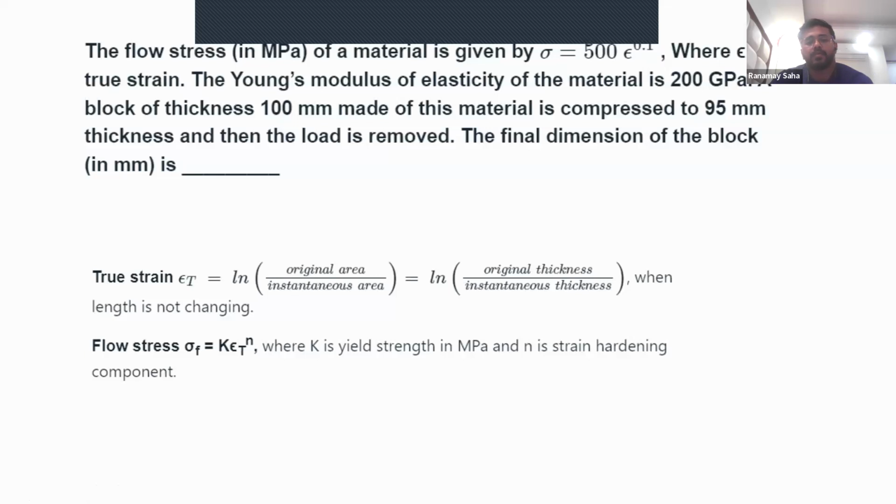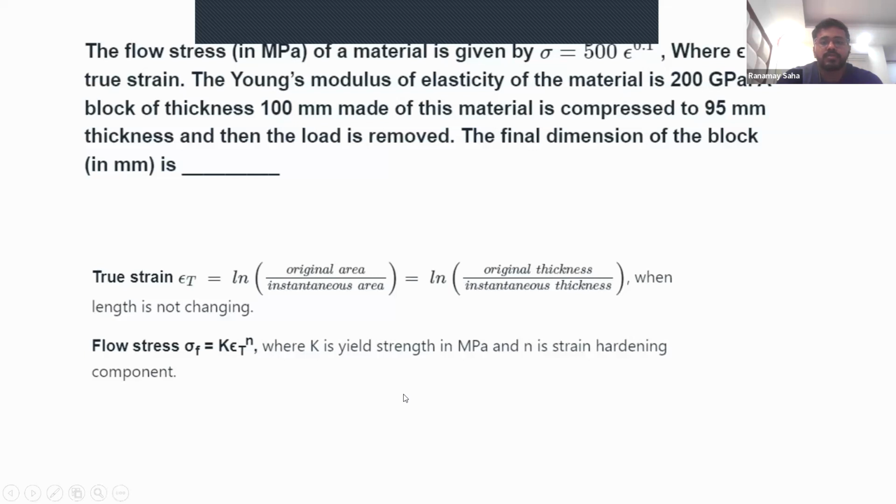Or if the length remains constant, as in this case, you have the natural logarithm of the original to instantaneous thickness. Now your flow stress sigma f is your strength coefficient K multiplied by your true strain raised to the power n, the strain hardening exponent.